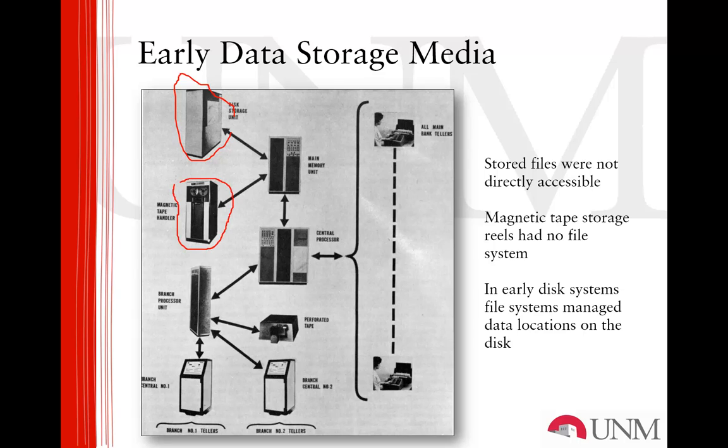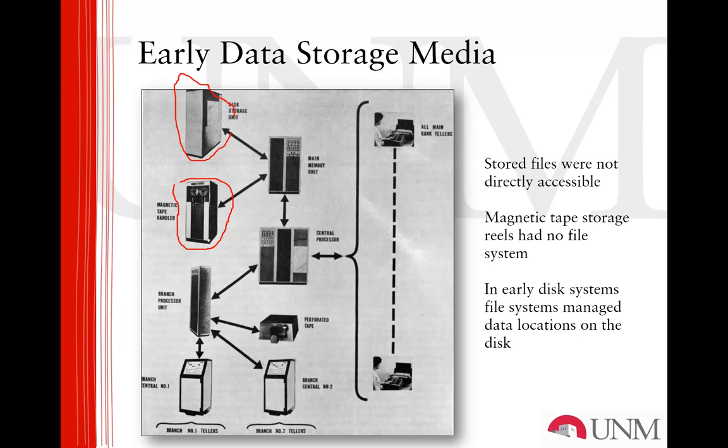In these older systems, there was actually no file system as we think of it today. These systems dealt with direct data storage to a storage media, which had to be planned and organized way in advance of running a program.